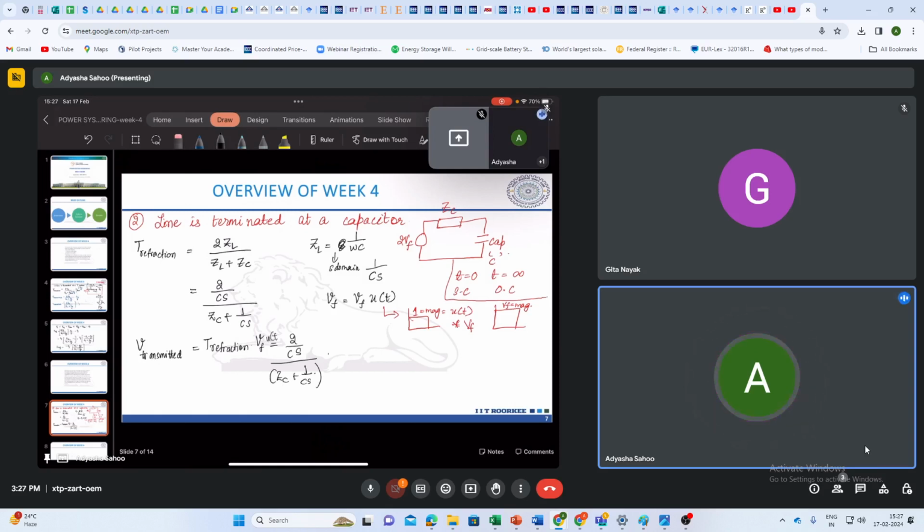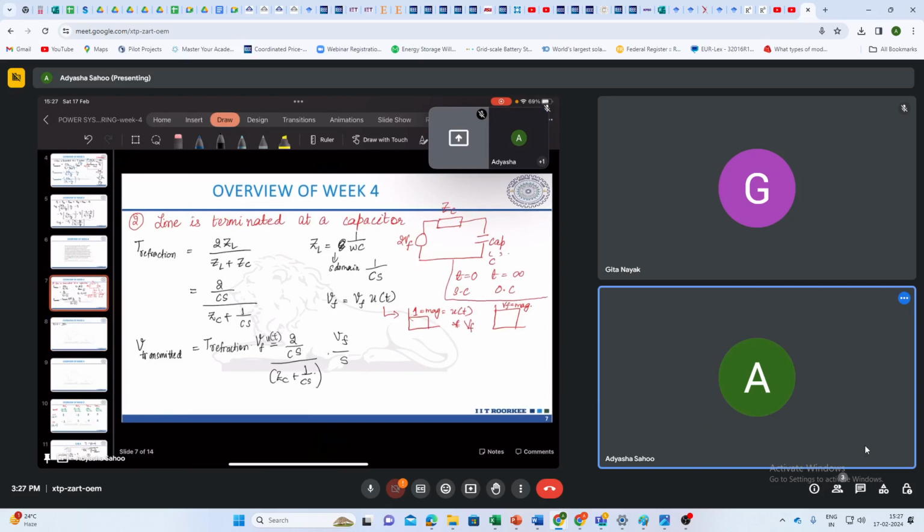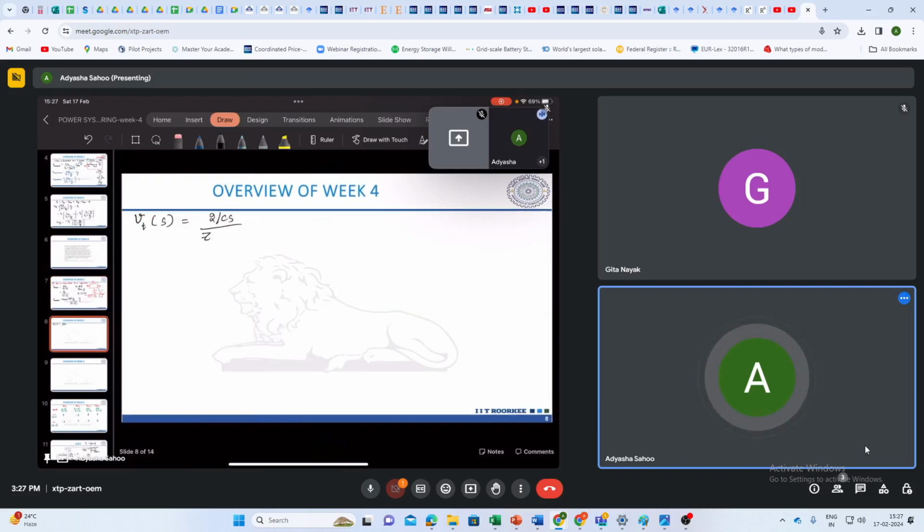VF into U(t) will be, in the Laplacian domain, VF by S. So we got V transmitted in the S domain as 2 by CS divided by ZC plus 1 by CS, into VF by S. So let me simplify it.